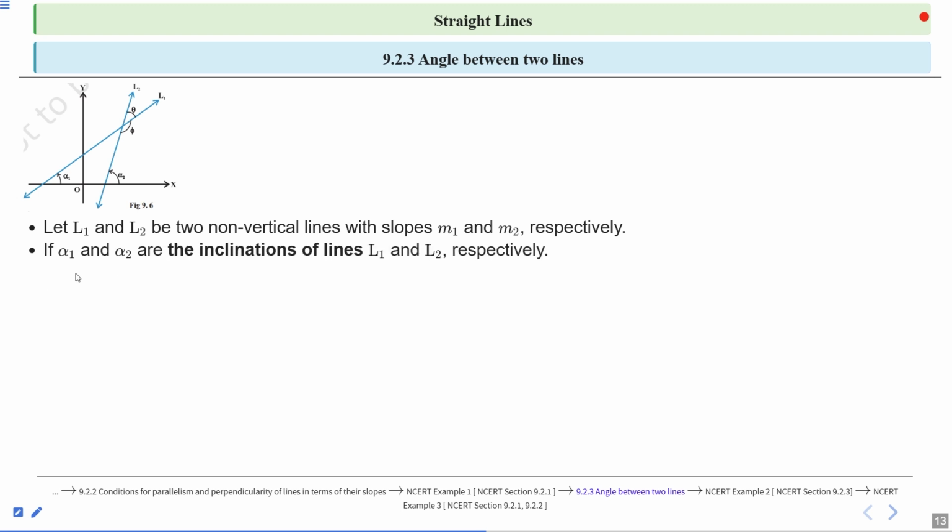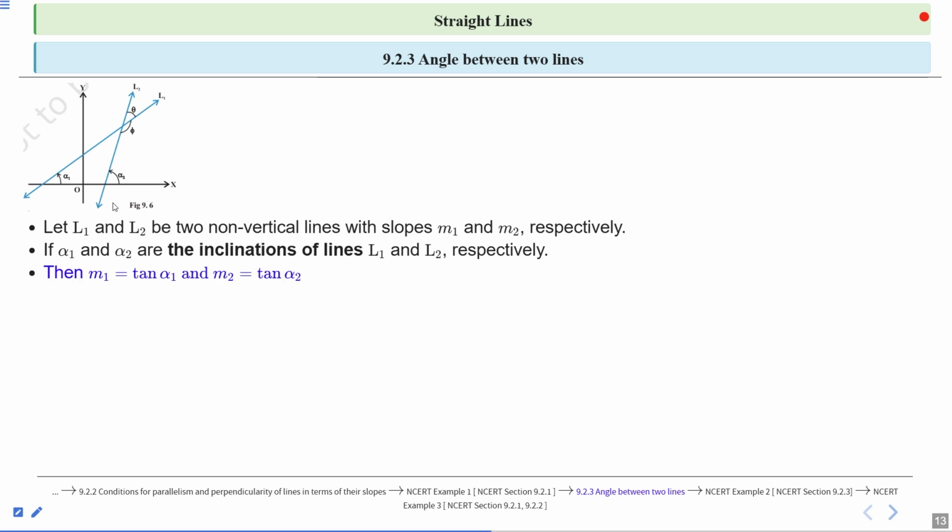Suppose alpha 1 and alpha 2 are the inclinations of lines L1 and L2. Alpha 1 is the inclination of the line L1 with the direction of the x-axis, and alpha 2 is the inclination of the line L2.